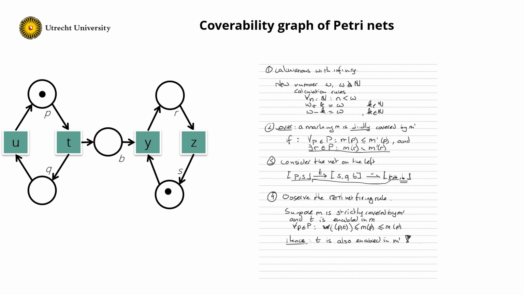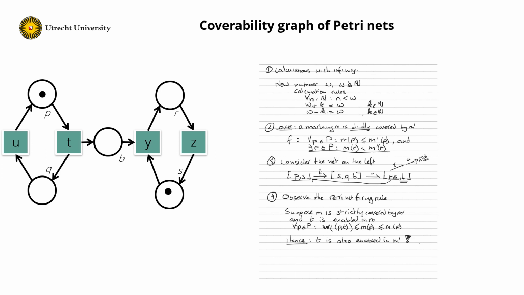So that means that I can introduce an omega for this B, because we know the transition T is again enabled. Hence I know I can fire transition T again. So if I do this, I get a firing of transition T and a firing of U, and I know that the resulting marking will be PS2B. And I can continue this. So that means that this B is unbounded. We see this with the transitions T and U that can fire infinitely often.